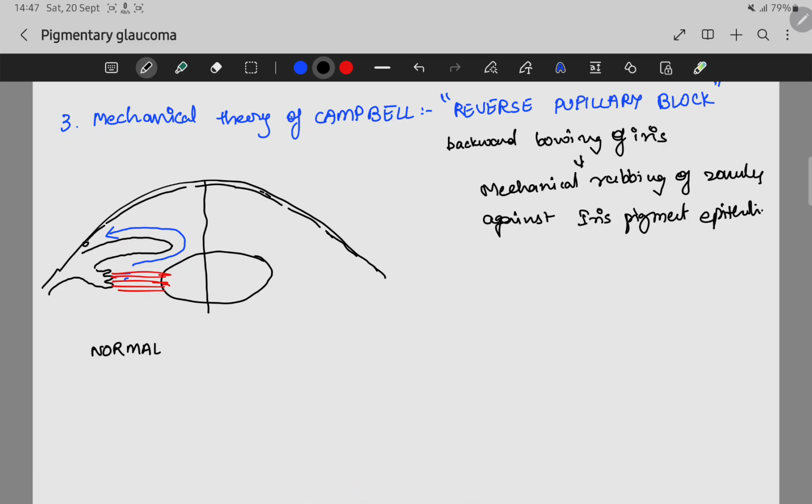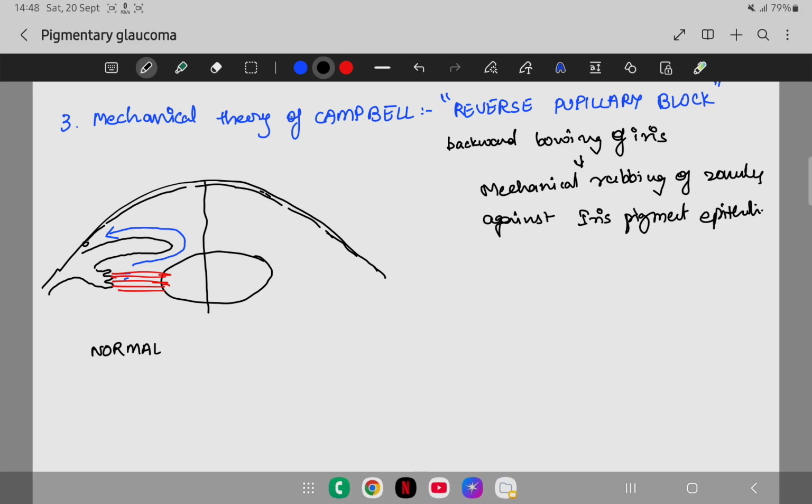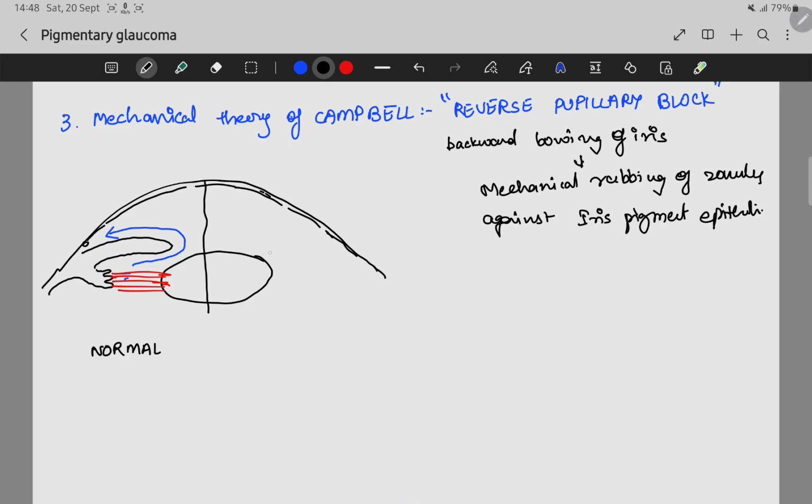So here what happens, there is reverse pupillary block. So there is iris which is touching the lens near pupil. So this iris is a little bit of concave configuration, we can say, and so what's happening here, there is something called one valve effect.